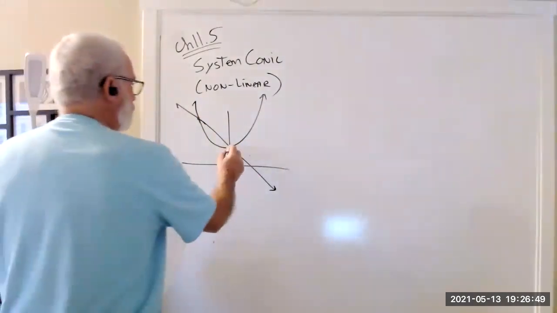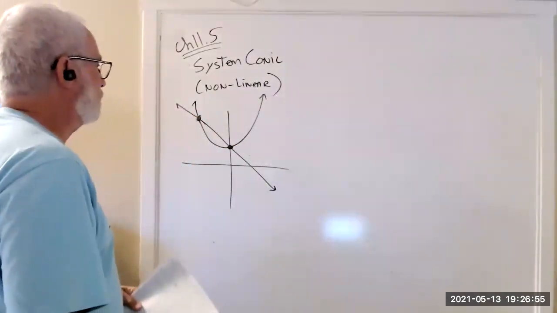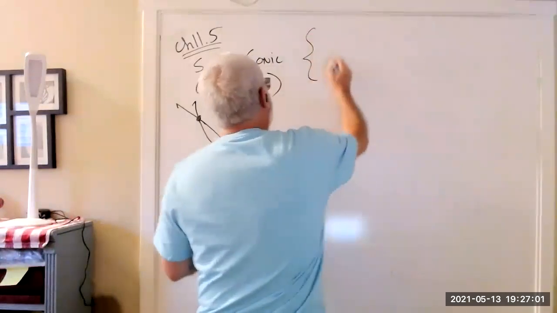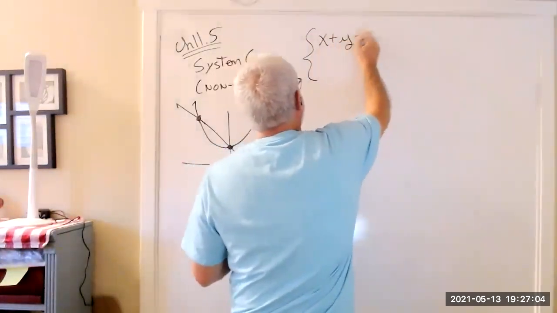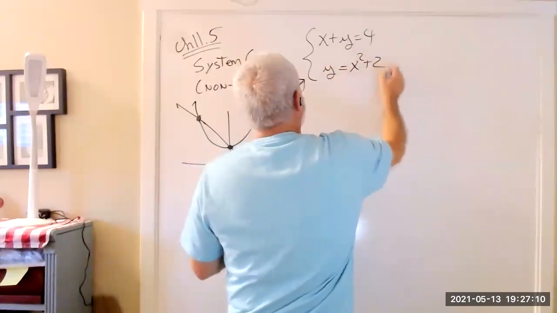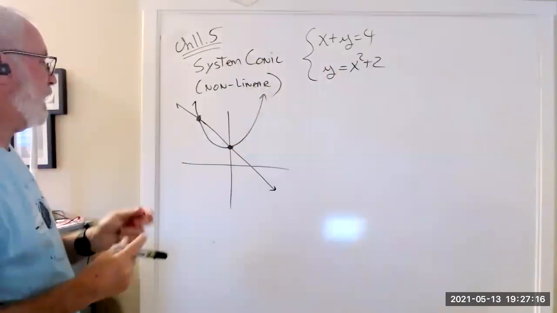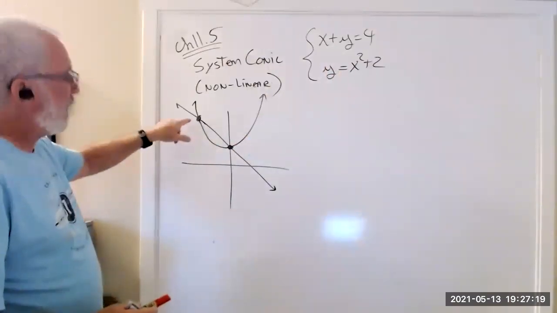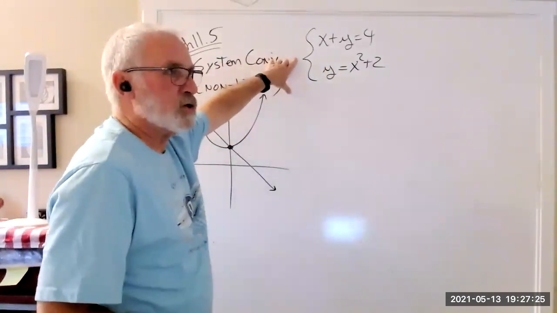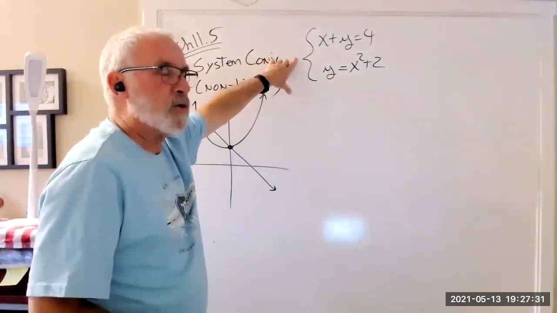Well, on the picture, it's here and here, more or less. But what if I gave you their equations? X plus y equals 4, and y equals x squared plus 2. See, if I gave you the picture, and I drew it accurately enough, you could say, hey, they intersect here and here. Cool. But what if I gave you their equations instead? What if I give you the equations and said, where do they intersect?